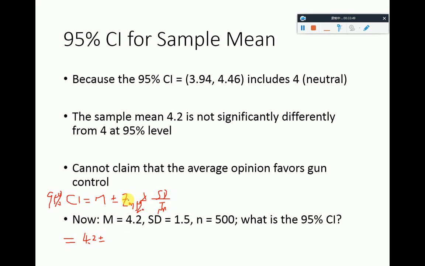We know z for 95% confidence level will be 2, right? Times, what is SD? SD is 1.5. What is n? n is 500, but don't forget to take the square root of it. So it will be square root of 500. Okay, easy enough, right? So just do the calculation. What is it?